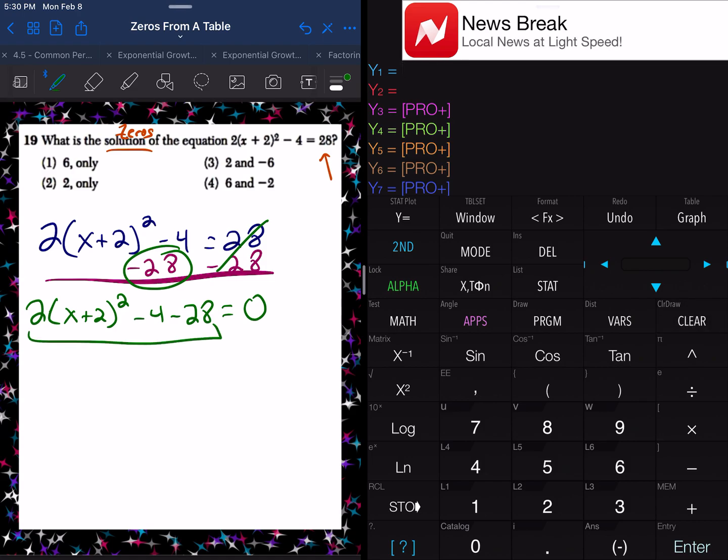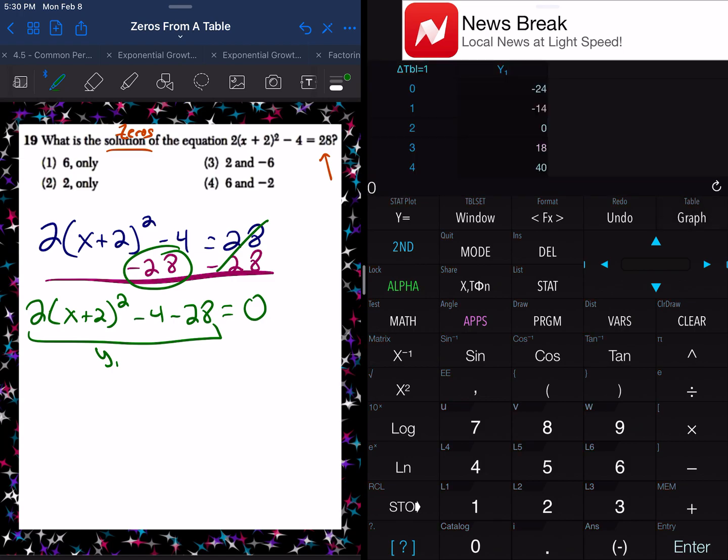I'm going to type this into y equals or y1, because that's what it looks like on my calculator here. So 2 parentheses x plus 2 squared -4 minus 28, and I hit second graph to look at the table. Do you see the zeros?